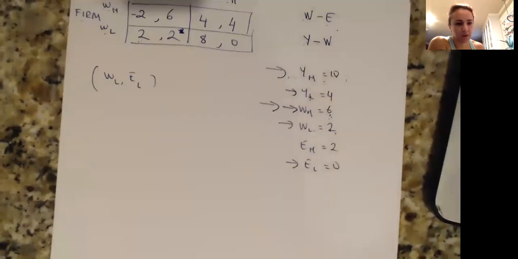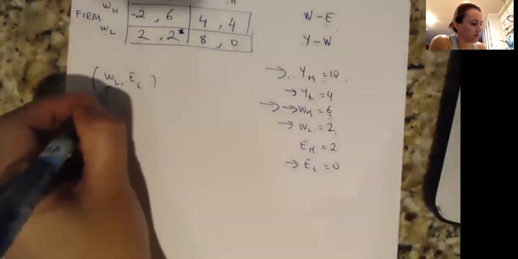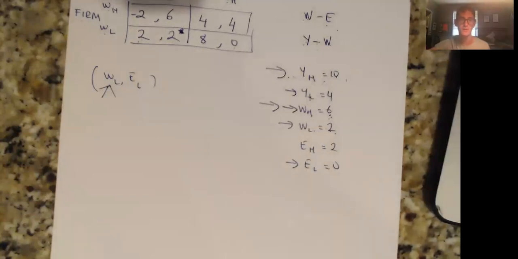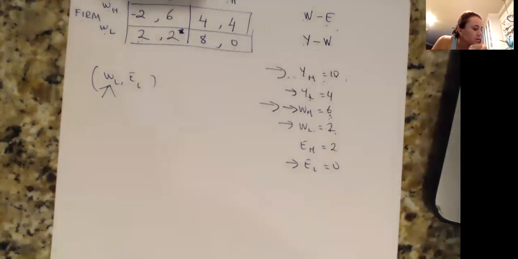So the firm is going to pay a low wage and the worker is going to put low effort. How come intuitively that is the Nash equilibrium? Well, this is classic prisoner's dilemma.